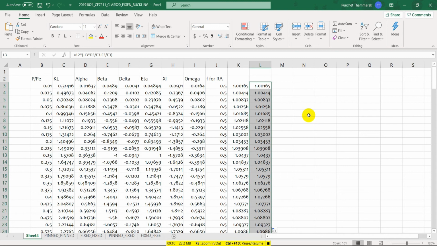Okay, identical. Supposed to be. We shouldn't go against the mathematics.